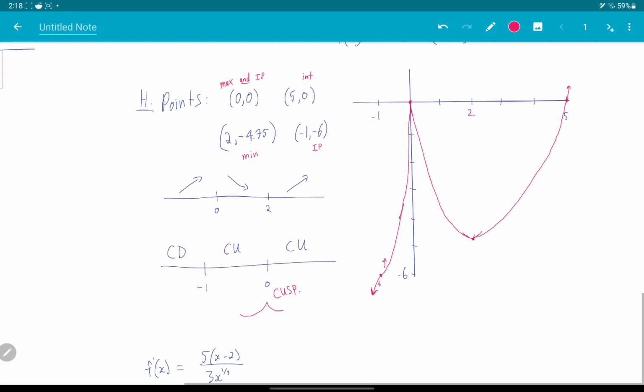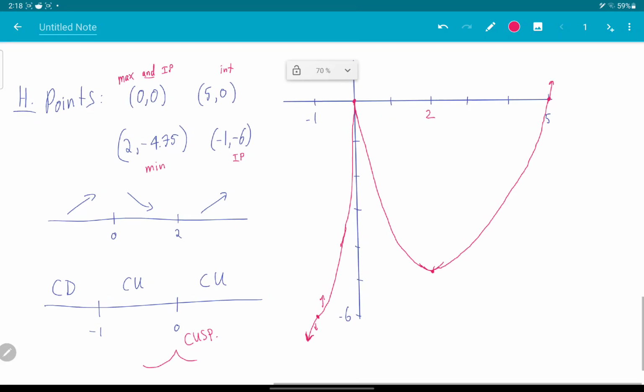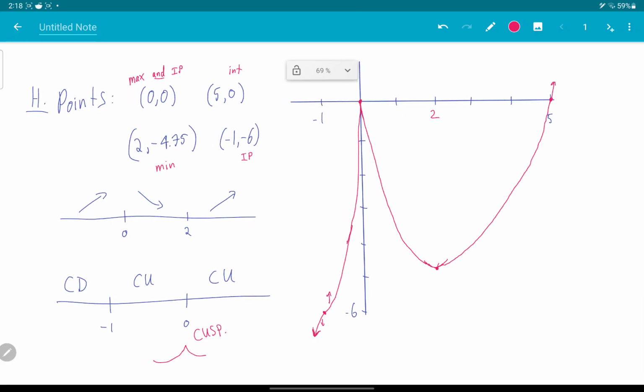Okay, so as I've said many times, you are connecting the dots in an intelligent way. This one features a strange thing happening at the origin. But if you're careful with your intervals here, you can see it coming.